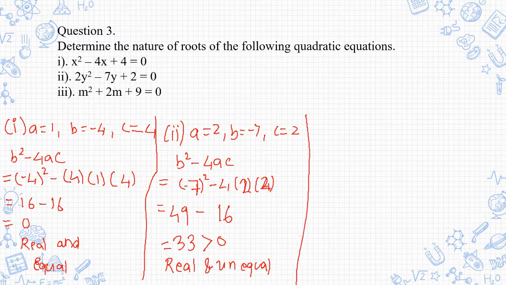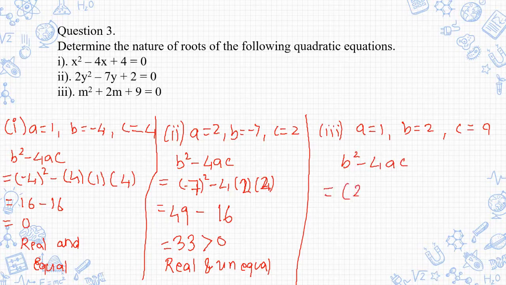Let us see the third one. Compare it with the general form of quadratic equation. A will be 1, B will be 2, and C will be 9. Find out b squared minus 4ac, the value of discriminant.